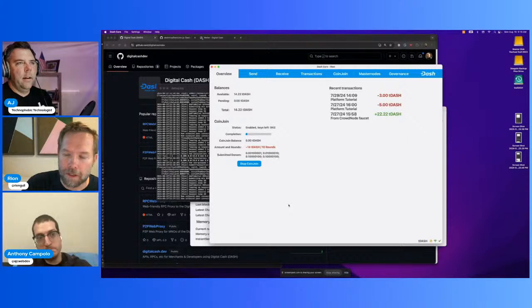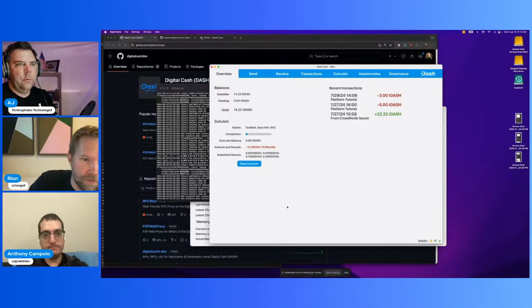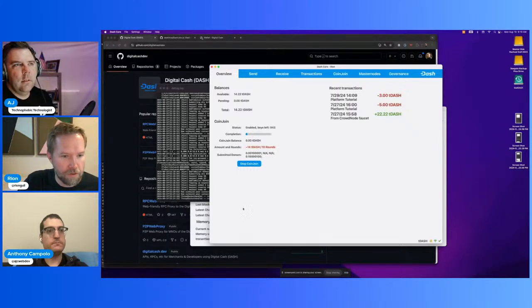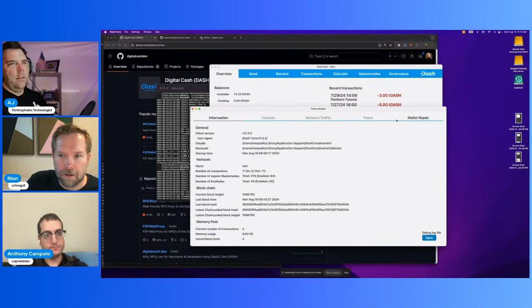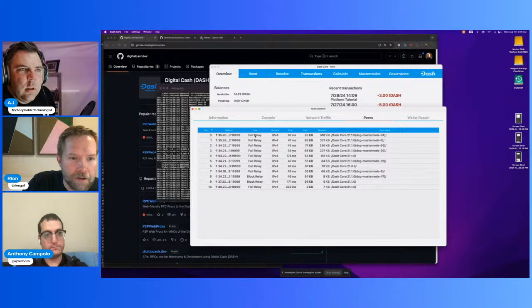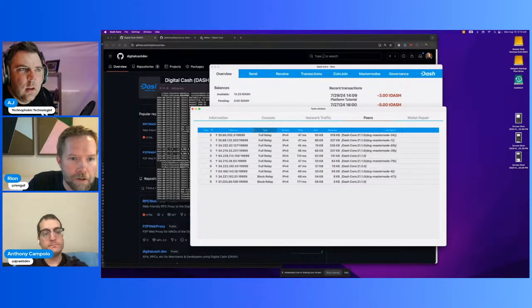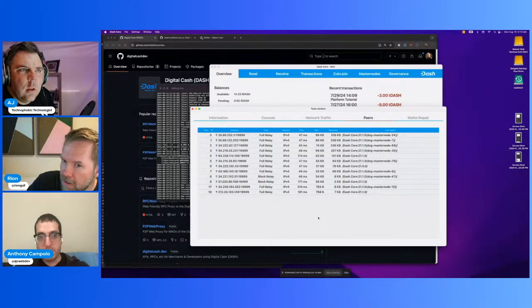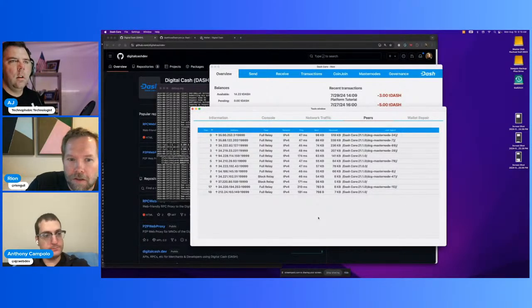So you're saying it won't connect to the nodes that I'm connecting to, but if you can give me a list of nodes you're connected to, that's what I was showing here on my peers. Do you know the IP address of your — so you're connecting through RPC, your RPC service, right?